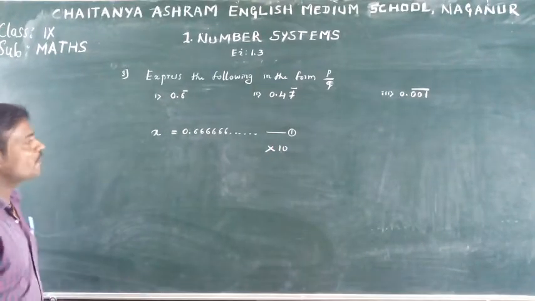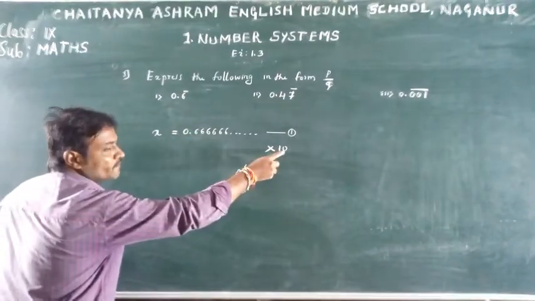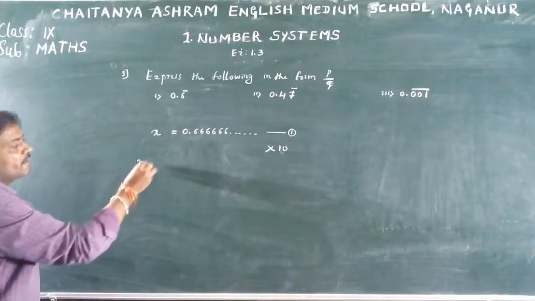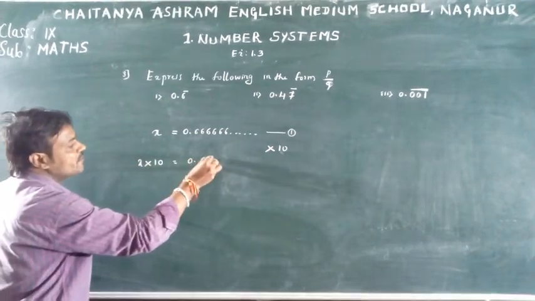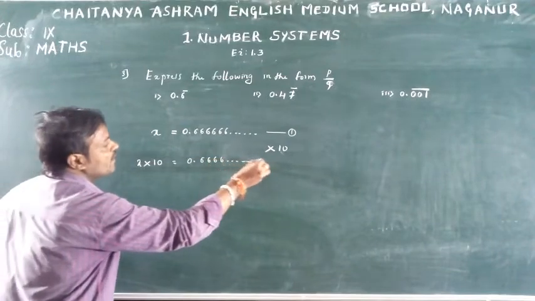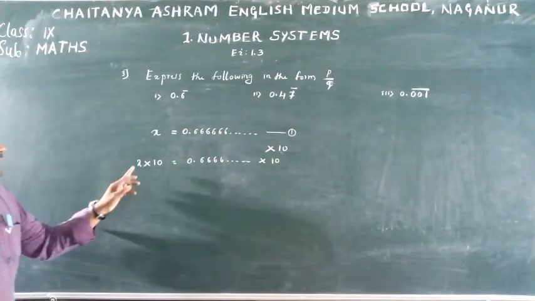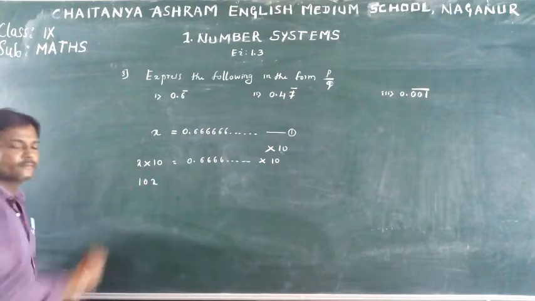So do the multiplication, what happens? We multiply 10 to both LHS and RHS. So x into 10 is equal to 0.6666 and so on into 10. X into 10 is 10x.